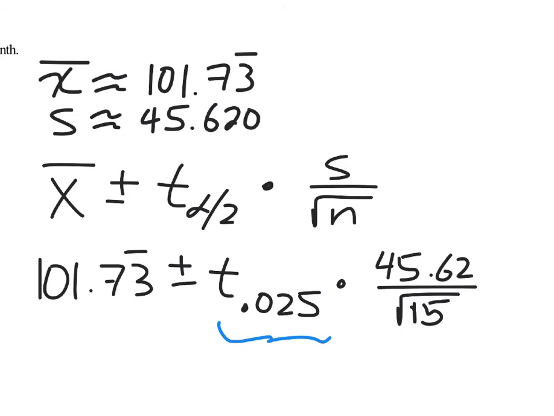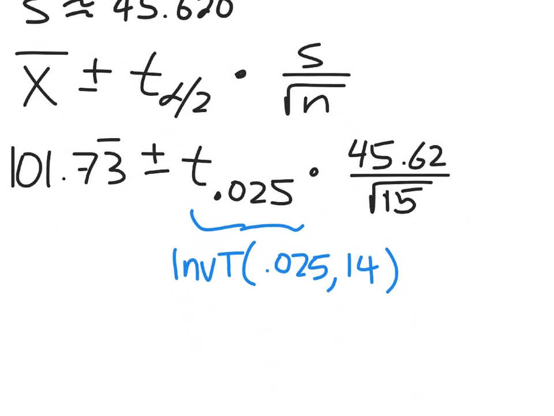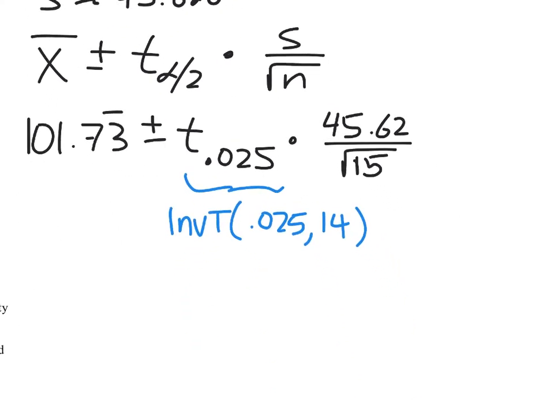I have to put mine in differently, but it has the same ingredients, 0.025 with 14 degrees of freedom. And so we get this value, which should be in the neighborhood of what you would get if you use inverse norm, but different enough that it would change the results.